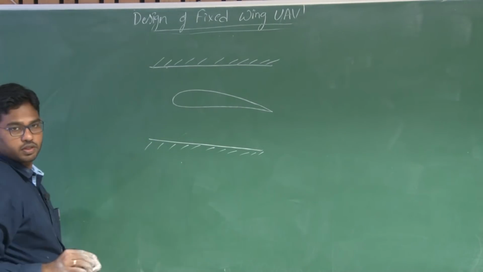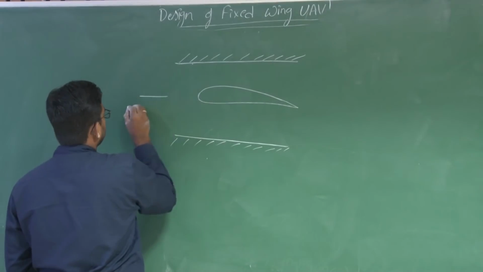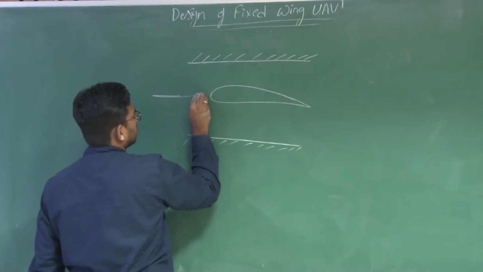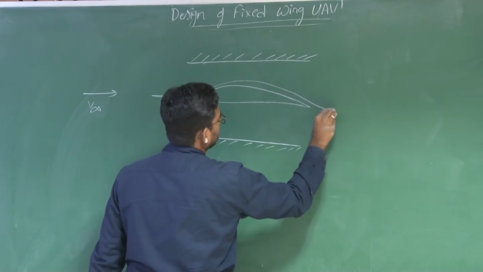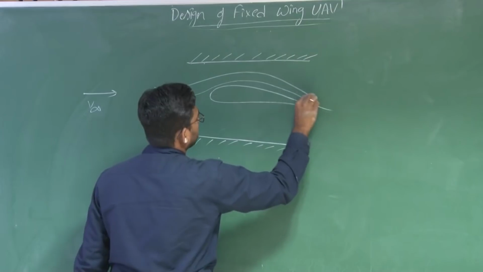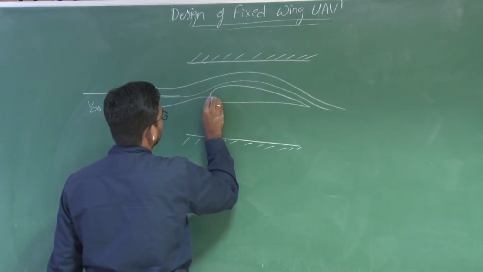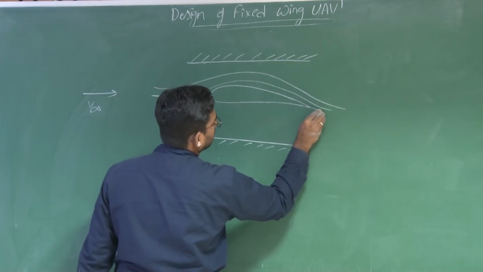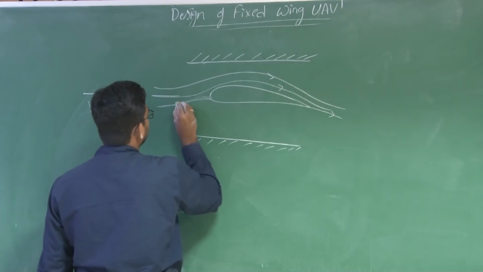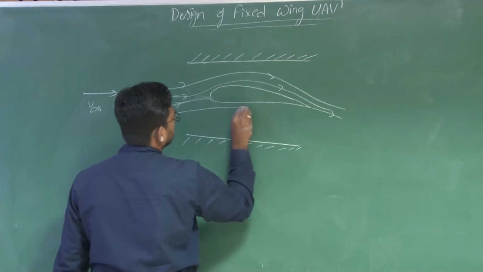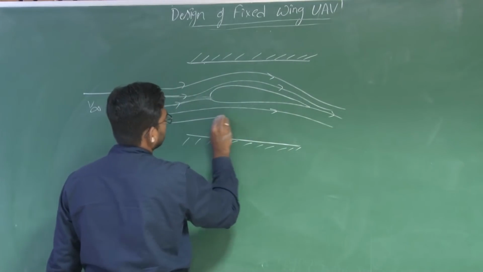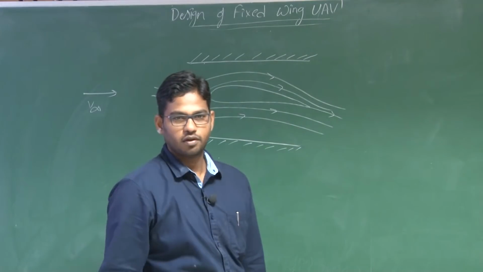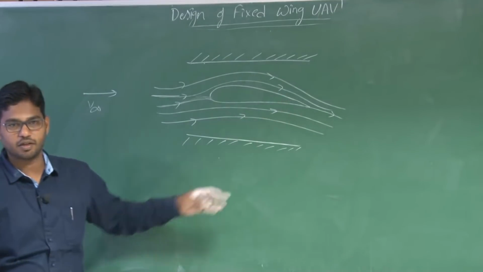Now say there is a flow over this aerofoil. Whenever we say flow, we draw this kind of lines, right?